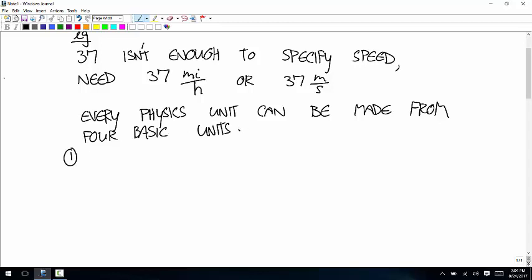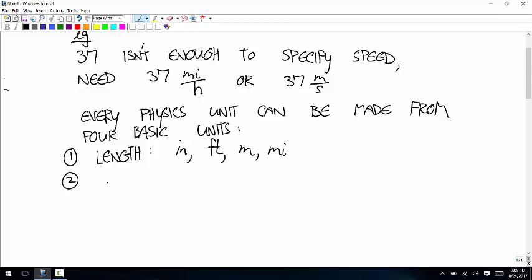Those are a unit of length. So units of length are inches, feet. Meters is the one we're going to use most often. Miles. Light year is a unit of length.